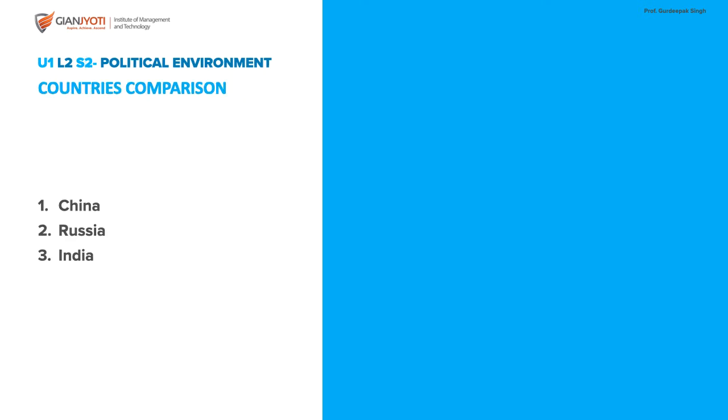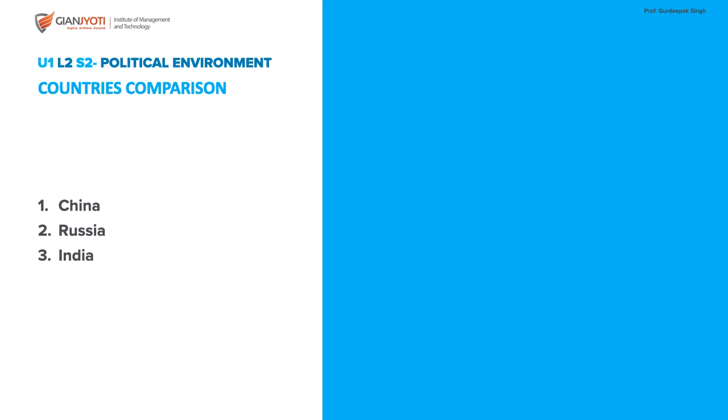Now, in order to understand the political environment, let us take a small case study. In this case study, let us talk about 3 countries: China, Russia, and India. You might have heard about India and China a lot these days, in the past and also in the future, how these 2 countries have a very high density of population, and these 2 countries are becoming very big economic powers.